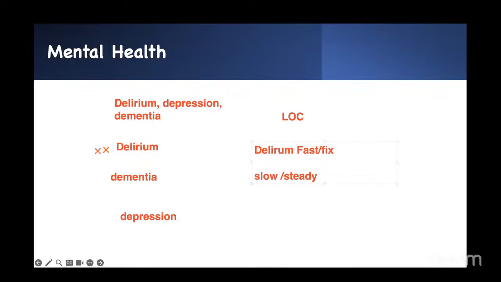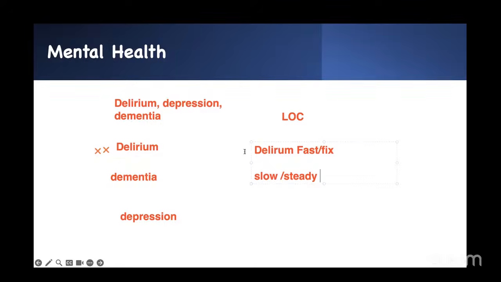Now, what is the nursing priority? How do you treat this patient? Know that, because there's a big difference between them. Nursing treatment for delirium: take away the offending agent. You take away the infection, you treat them, you give them medication, and then you reorient them.